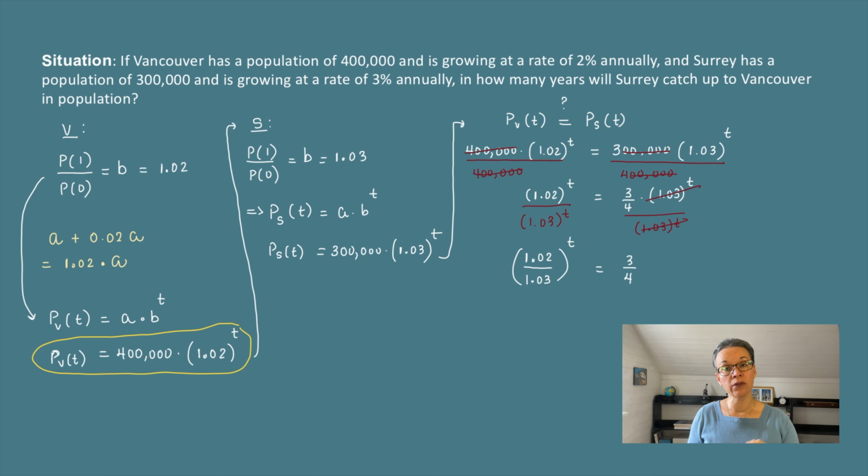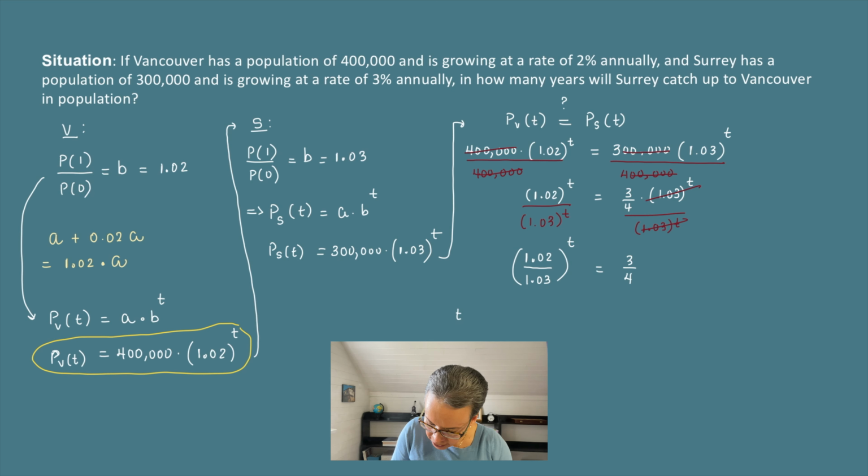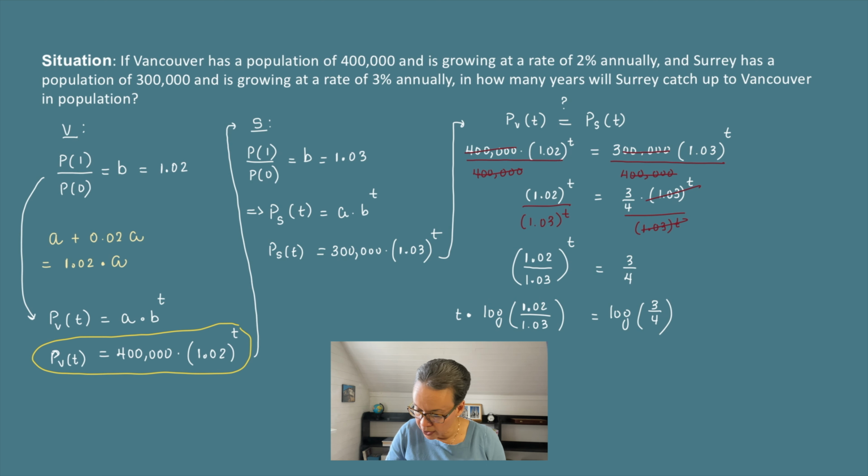And now we're going to do the same thing that we did before. In order to bring t down, we're going to take the log of both sides. And we are going to have t times the log of 1.02 over 1.03 equals the log of 3/4. And now we're going to divide both sides by this factor right here.